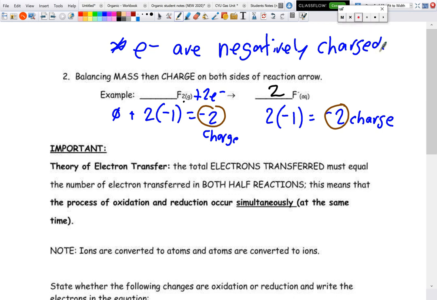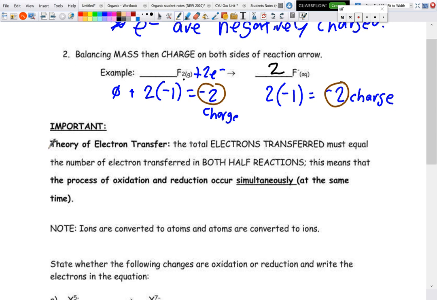And what I already touched on a little bit is that when we add 2 half reactions together, we have to make sure that the total number of electrons transferred is the same, and this is the theory of electron transfer. This just states that the total electrons transferred must be equal to the electrons transferred in both half reactions. So this means that oxidation and reduction happen at the same time.